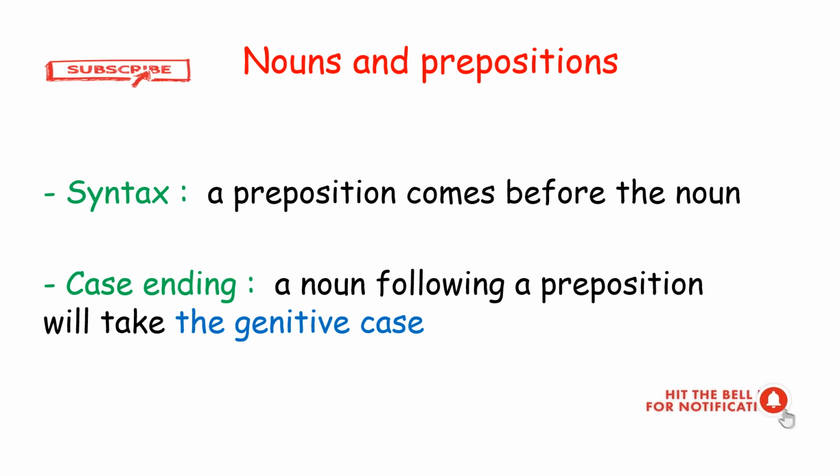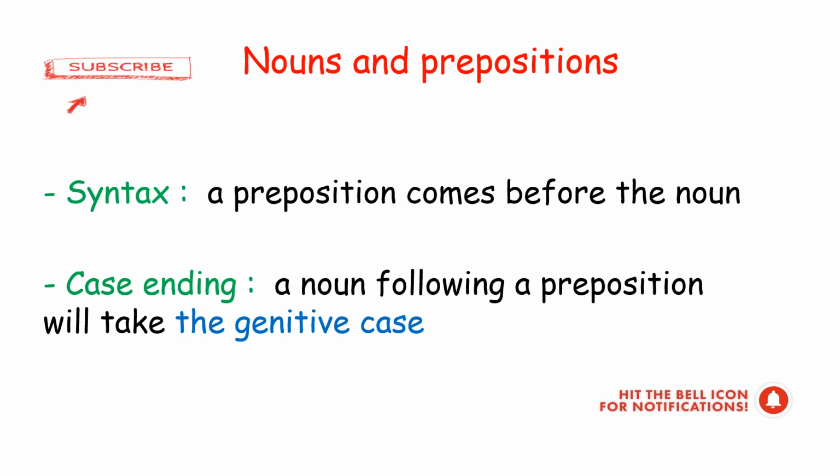This means that the last letter of the noun will no longer be in conjunction with a dhamma or a double dhamma. Instead, it will be in conjunction with a kasra or a double kasra. So again, a preposition always comes before the noun, and the noun following the preposition will be transformed from the nominative case to the genitive one. That's it. It's quite simple.